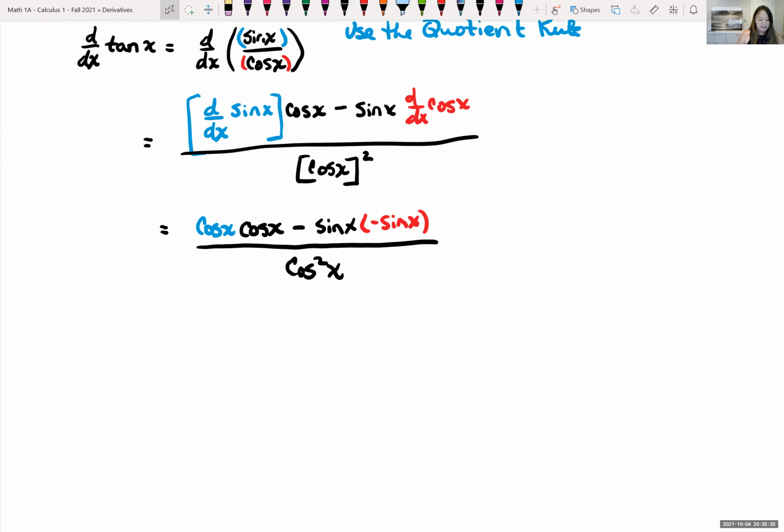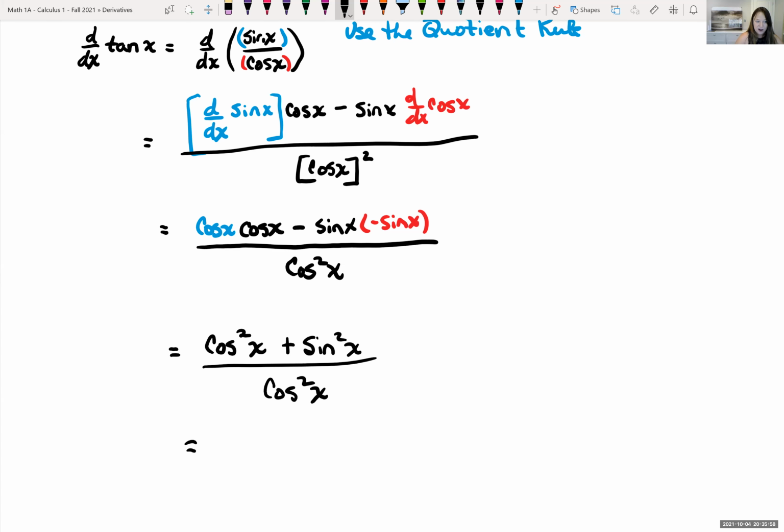Well, cosine of x times cosine of x, that's cosine squared x, minus sine of x times negative sine of x. So that's really plus sine squared x, all over cosine squared x.